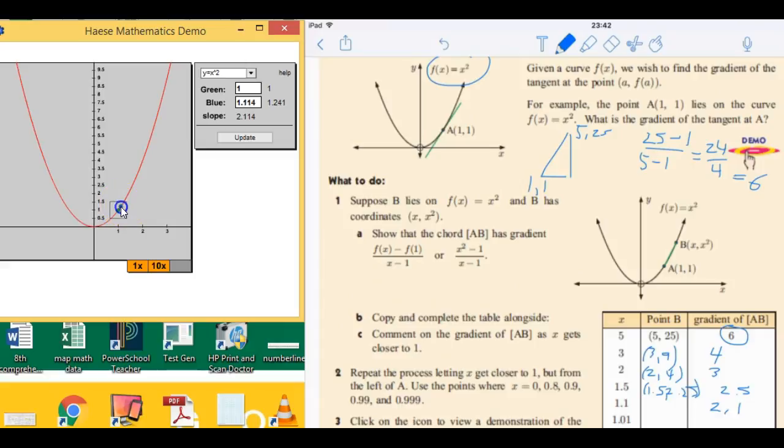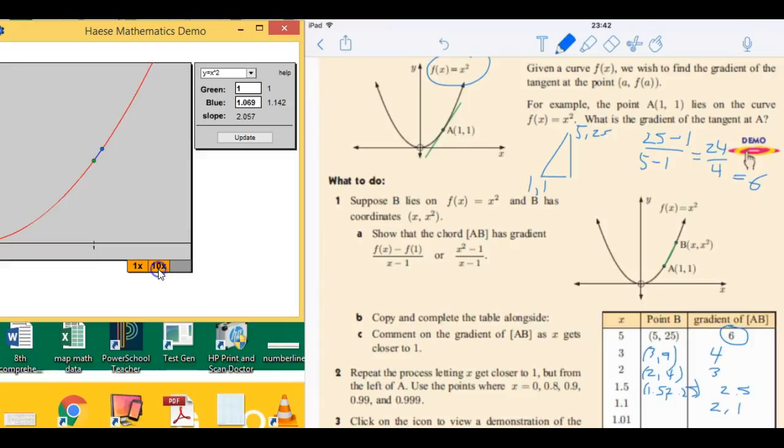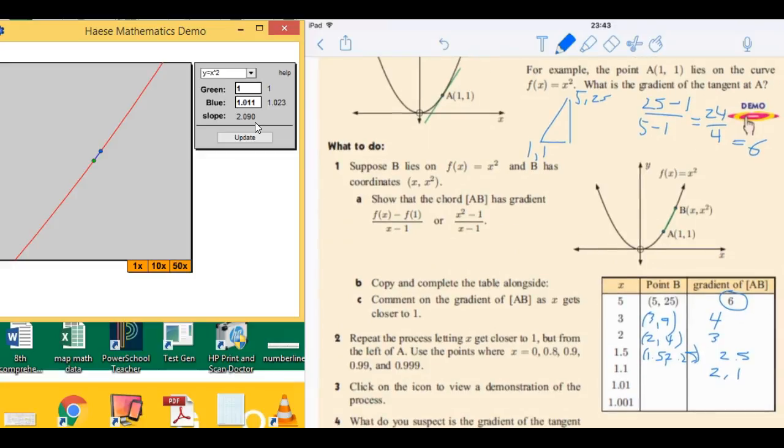So now we're going to go to 1.01. So if we put it on 1.01, oh, very close. Okay, there we go. 2.09. Basically, it's like 2.1, right? Hardly changed.